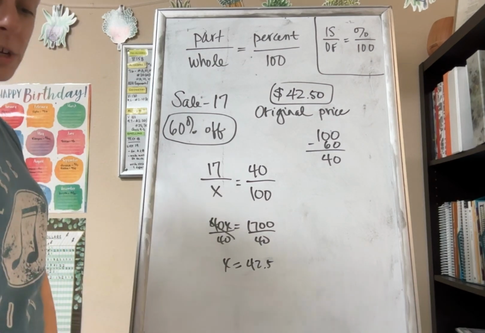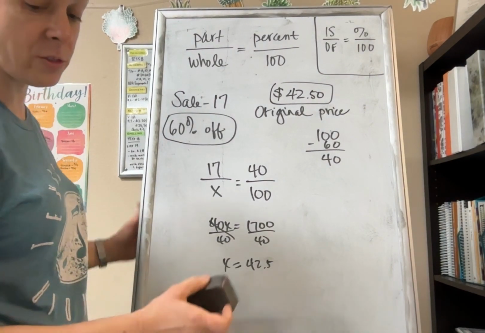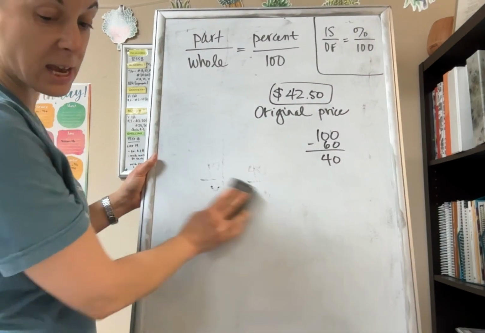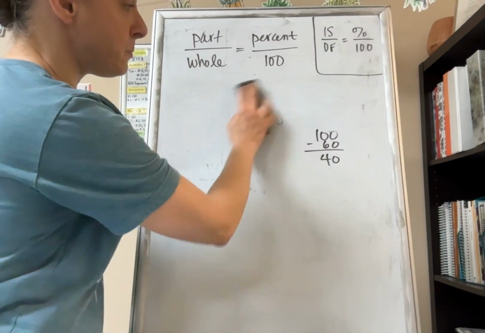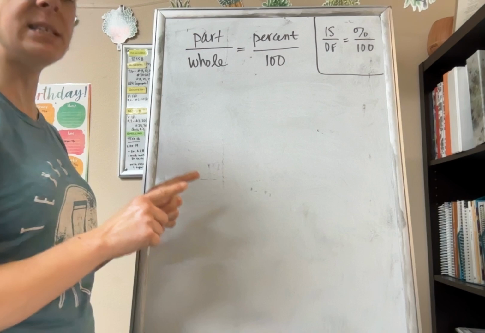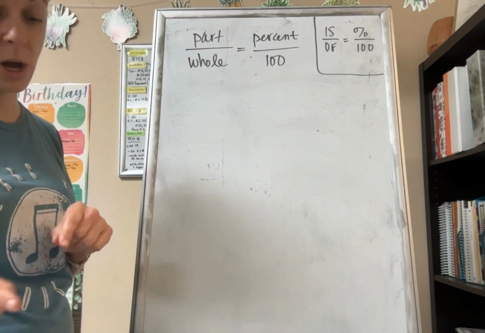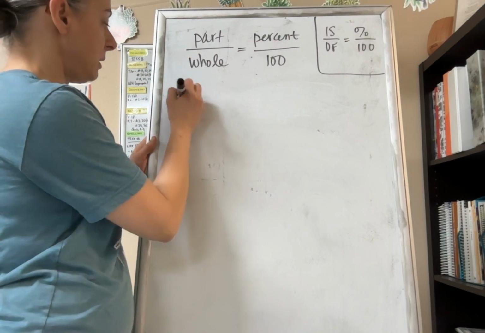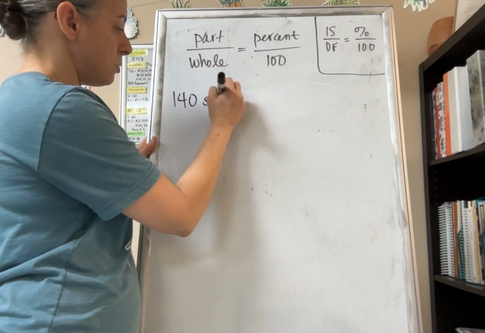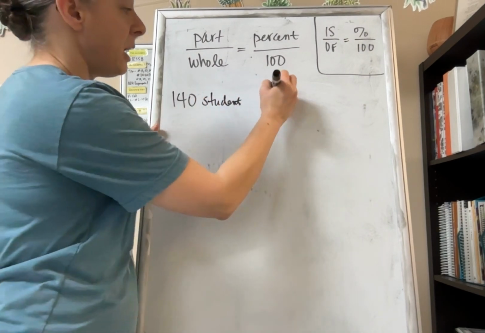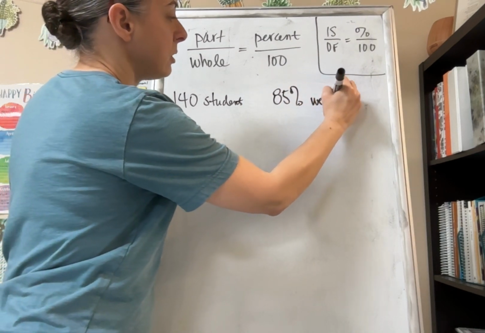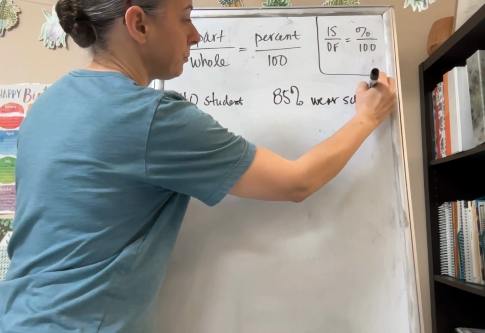So example 4 says there's 140 7th graders at Valley Christian School. If 85% wore school colors on Spirit Day, how many did not wear school colors that day? Okay, I can do this problem 2 ways. There's 140 students. 85% are wearing school colors.